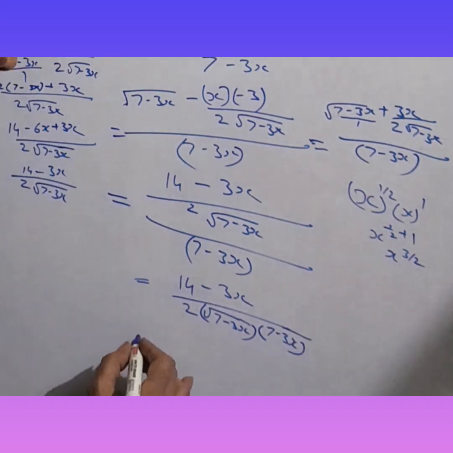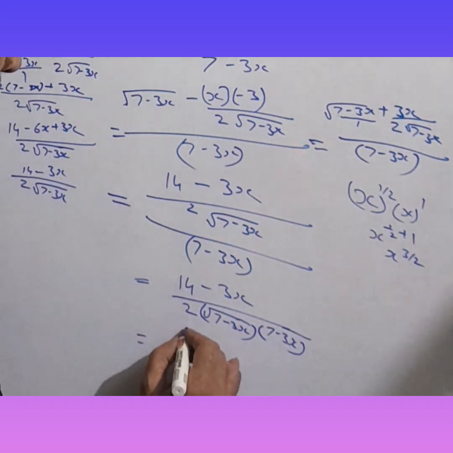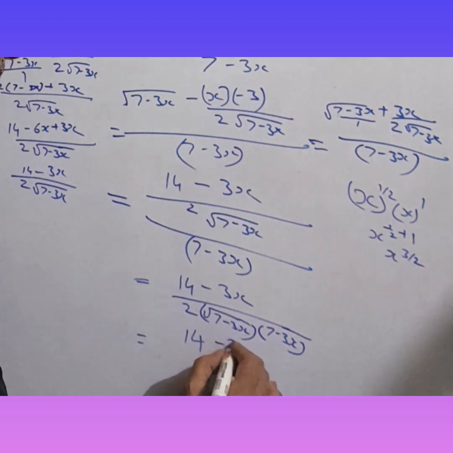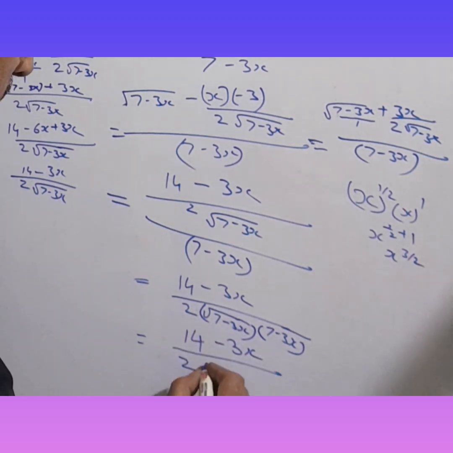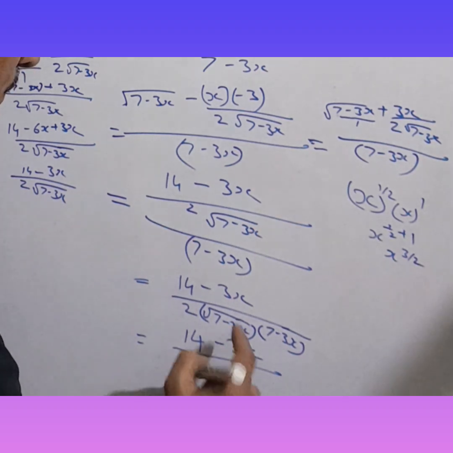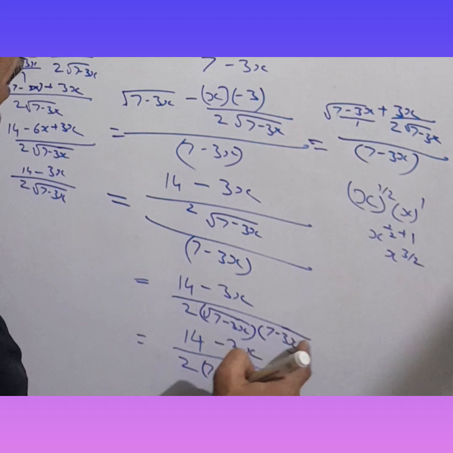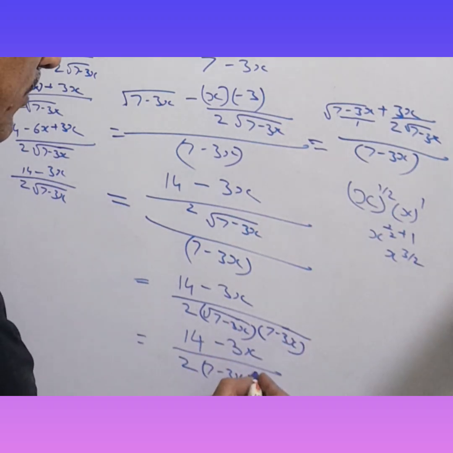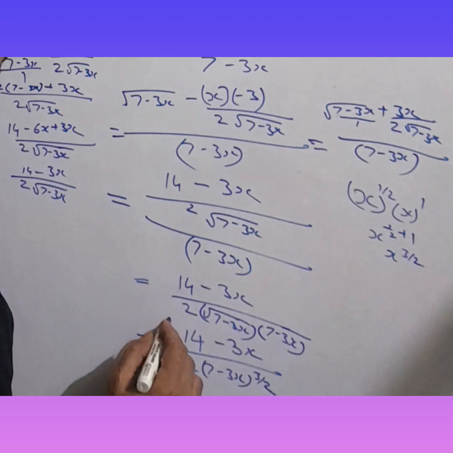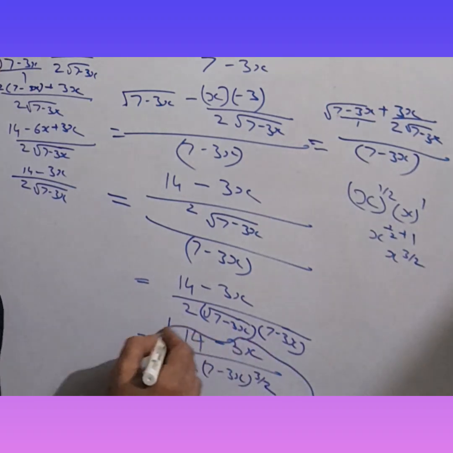So our final answer would be 14 minus 3x upon 2 remains as it is, but 7 minus 3x, this is raised to half and this is raised to 1, common base, so it would be 3 by 2. So this is our answer.